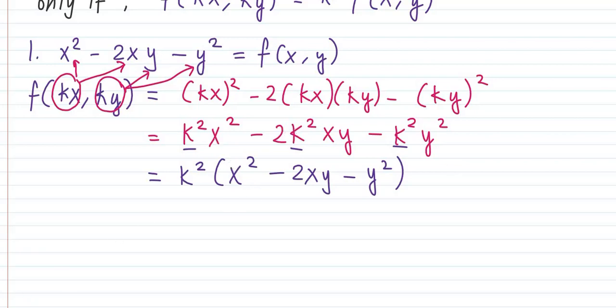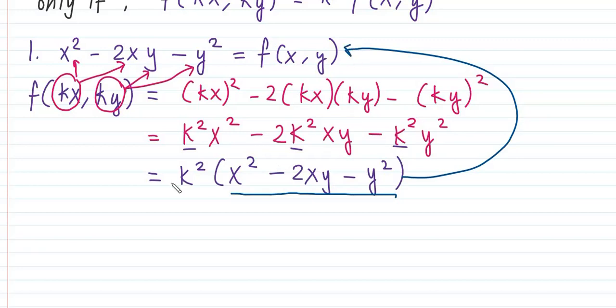So as you can see here, what do we now have? I have x squared minus 2xy minus y squared, and that is my function of xy, correct? And I was able to factor out k squared.